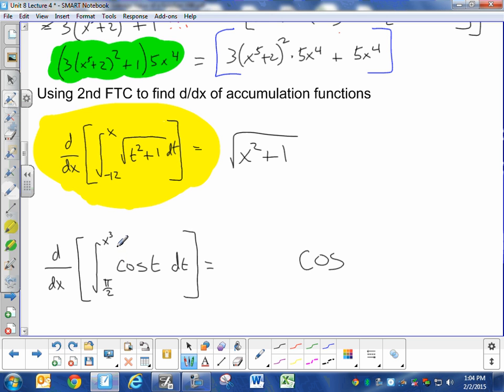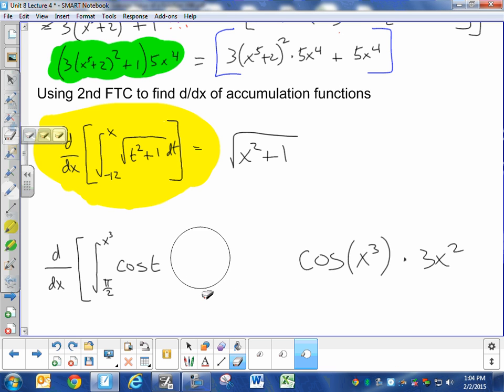It would just be the derivative of the antiderivative of this, which would end up back where we started, with that plugged in, but multiplied by the derivative of that, which is where our chain rule kind of comes into play.